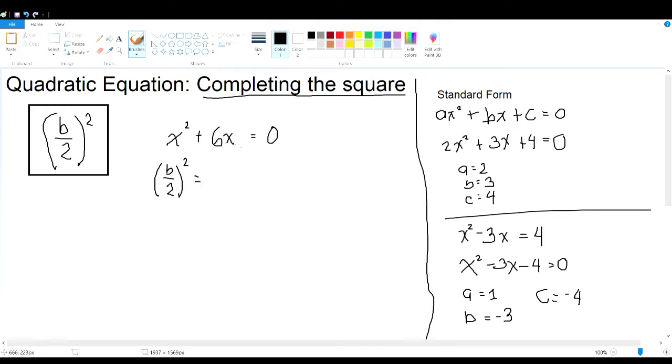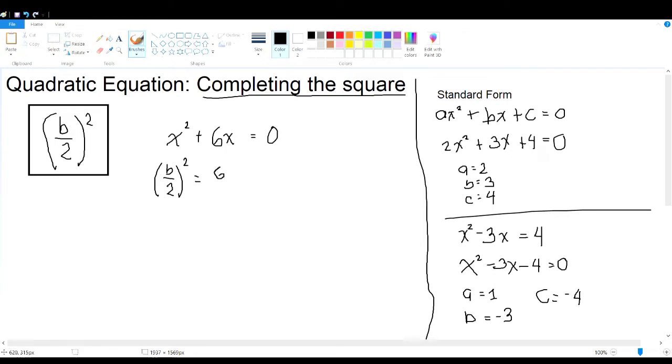Again, uulitin ko, ang value ng b lagi is yung may variable na x. Si x squared, that's letter A. Pag x lang, b. Pag whole number, letter C. So, dito, 6x, ito yung value ng b. So, b is equal to 6.